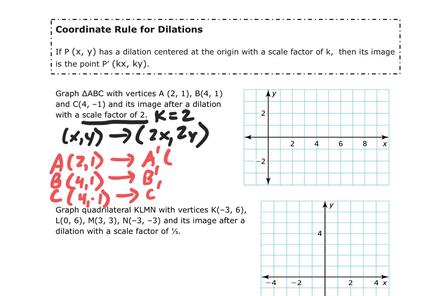Before I ever graph these, we need to come up with what our ordered pairs are going to be. So we're going to multiply both numbers by 2, everything. So 2, 1 becomes 4, 2. 4, 1 becomes 8, 2. 4, negative 1 becomes 8, negative 2.